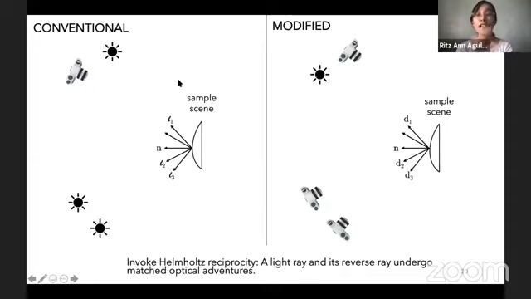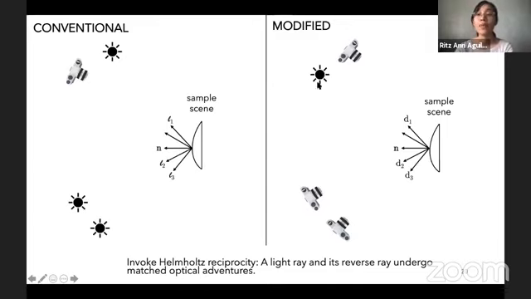For a modified version of this photometric stereo system, you invoke Helmholtz reciprocity, which tells you that a light ray and its reverse ray undergo a matched optical advantage. So at the location of the light sources, you can place your cameras, and at the location of the camera, you can place your light source.